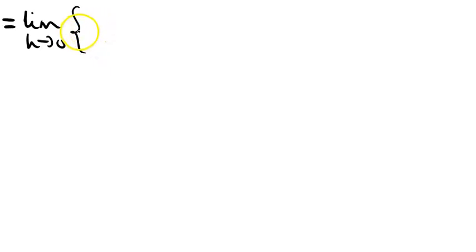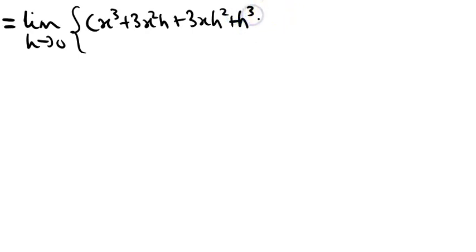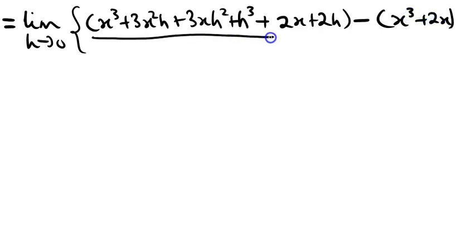The numerator is f of x plus h, that is x cubed plus 3x squared h plus 3x h squared plus h cubed plus 2x plus 2h, minus f of x, which is x cubed plus 2x, over h.